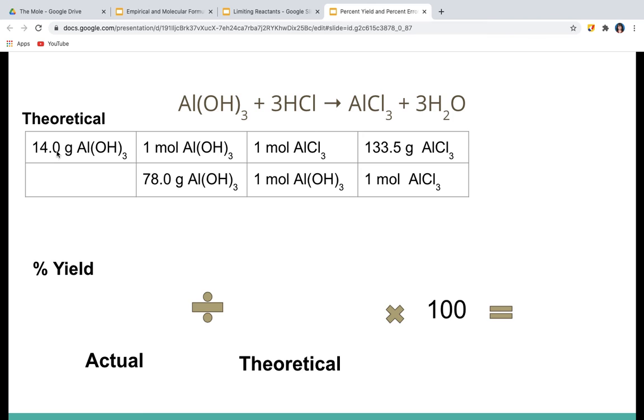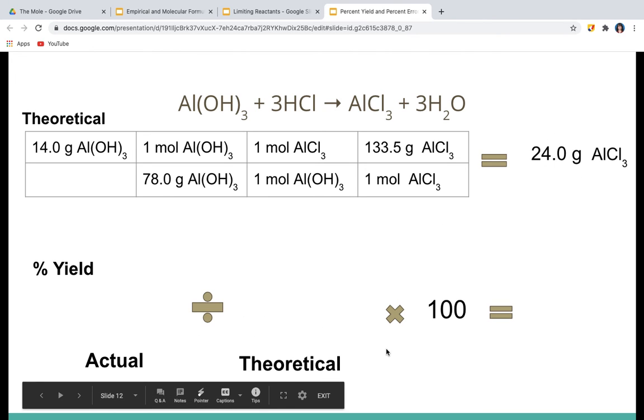What we should type into our calculators is 14 times 133.5 divided by 78.0. What you should get is 24.0 grams of aluminum chloride. Our actual one, if you remember, was 22.